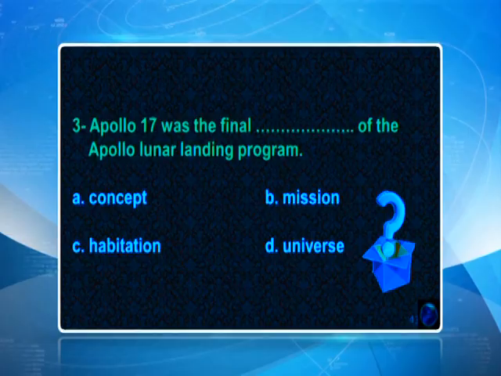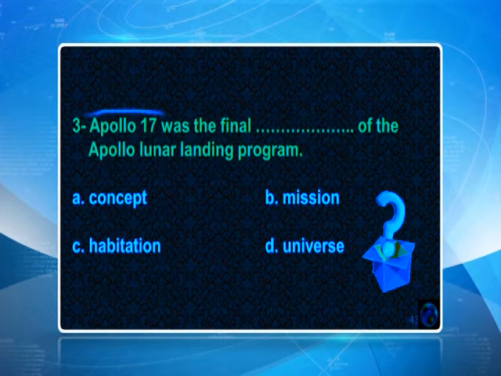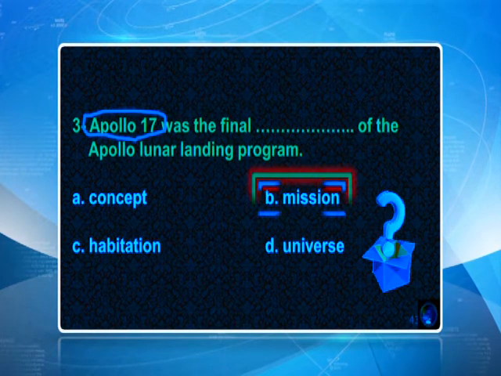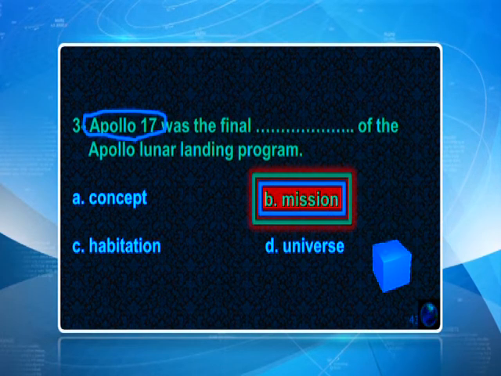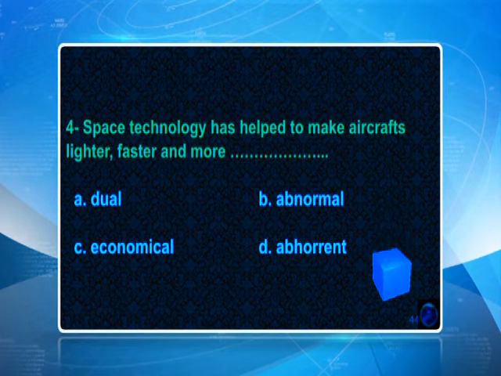The third sentence: Apollo 17 was the final, and we need a word here, of the Apollo lunar landing program. Again, we have to look for clues. We speak about Apollo 17 was the final mission, of course. The last sentence in the first practice: space technology has helped to make aircrafts lighter, faster, and more.